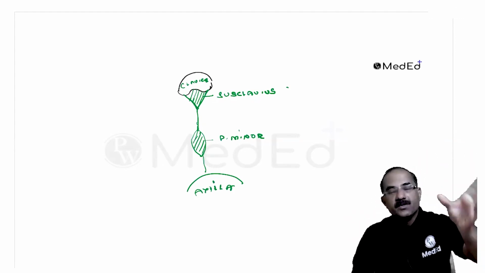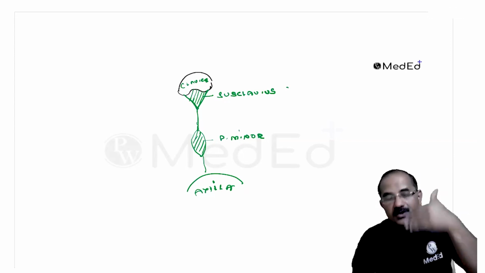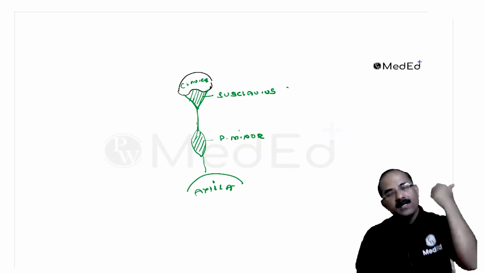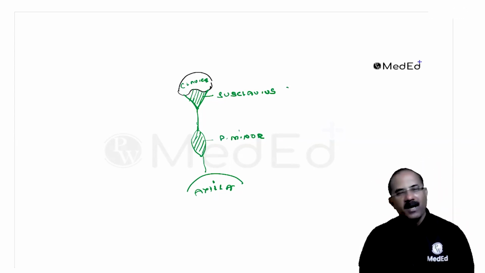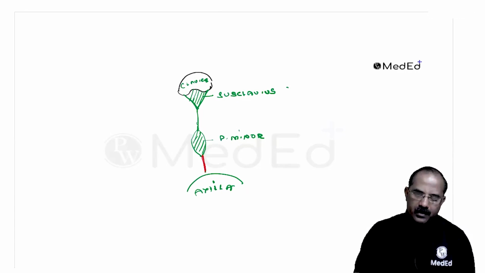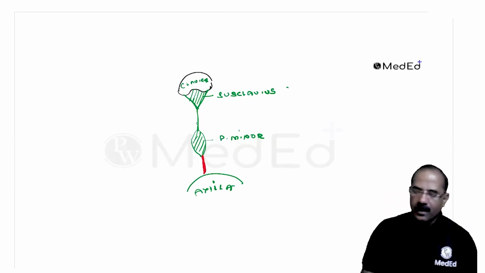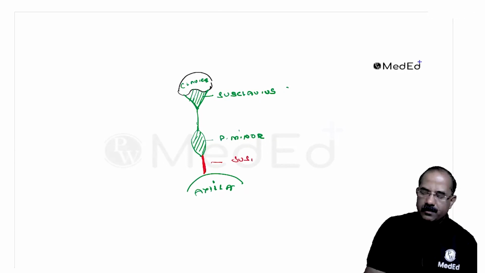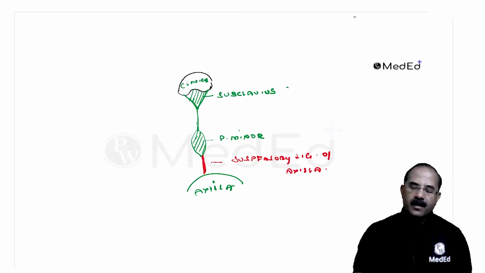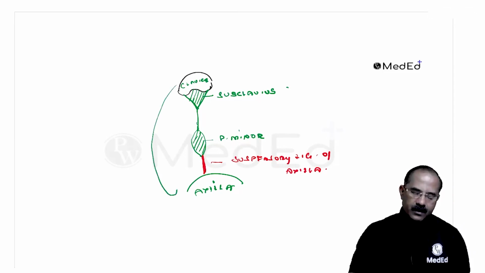So what are the muscles which the clavipectoral fascia encloses? Number one is the subclavius muscle. Number two is the pectoralis minor. Now this part of the fascia between the pectoralis minor and the axilla is known as the suspensory ligament of the axilla. Now what is outside this?